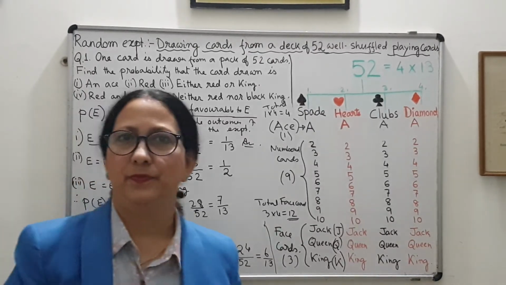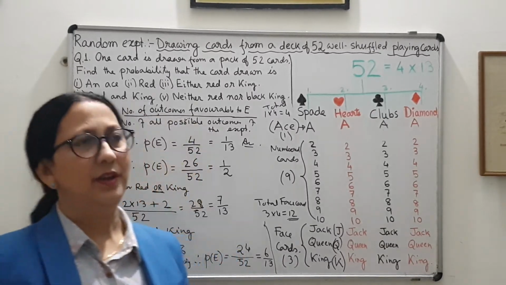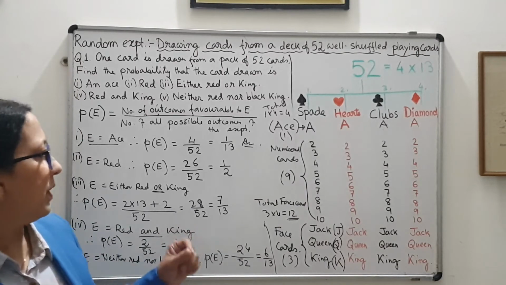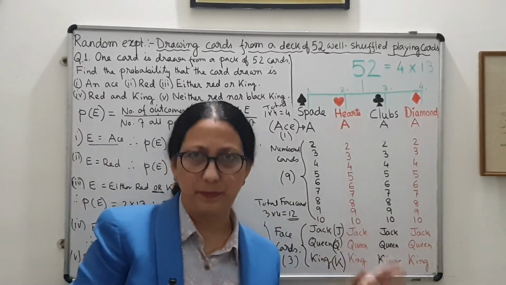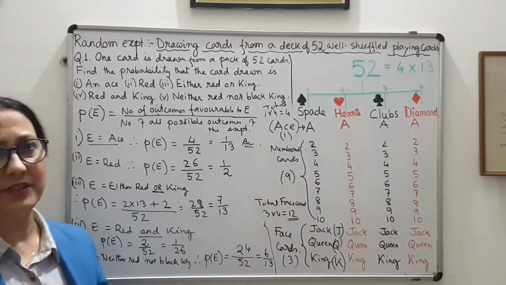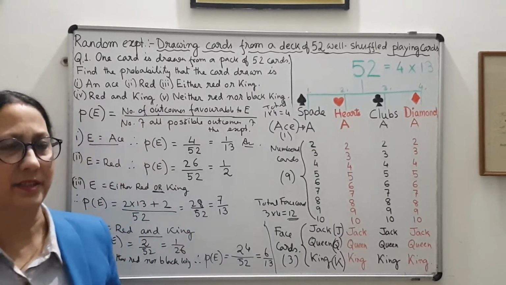Okay, so I think solving this question is enough. One more question I may give you, where sometimes when I pick up a card, the card is not replaced. Here, when I pick up a card, the card is replaced. So sometimes the question becomes a bit complicated. So I can show you one question like this. Okay.